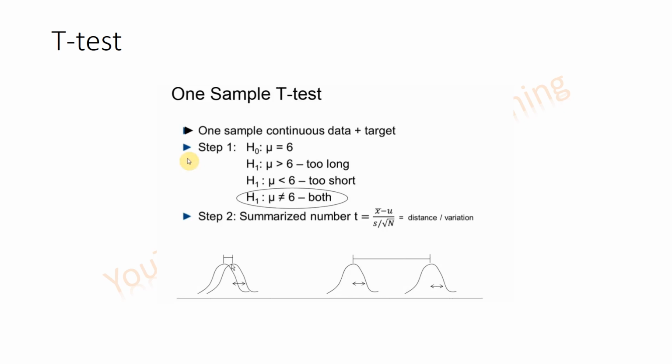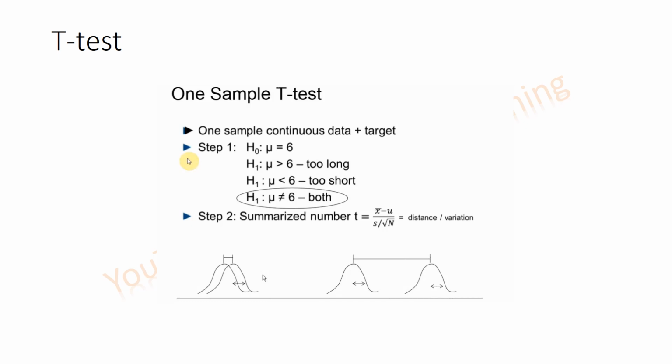And this one represents the variation of the curve. So the ratio of distance over variation is not big enough. They are pretty close, so I can't tell which is high, which is low.